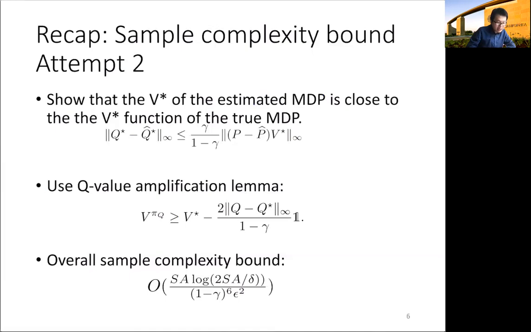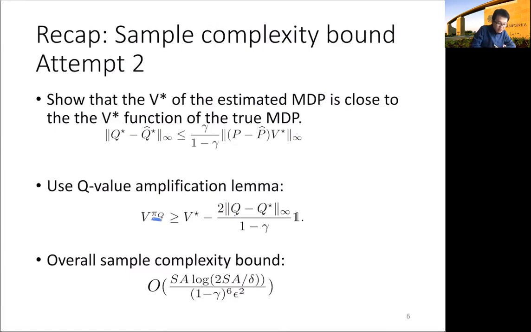One handle that we have to solve that problem is the so-called Q value amplification lemma. For any Q, if we can show that this function is close to the Q star function for the MDP, then that implies that the greedy policy pi Q, which takes this arbitrary Q function as an input, is also an epsilon suboptimal policy relative to the optimal policy.